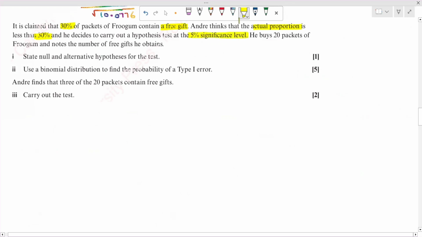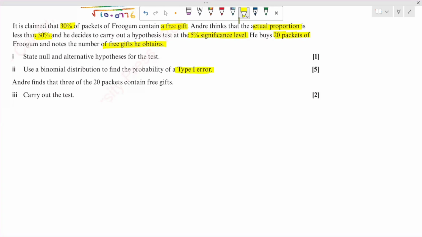Alpha is 5%. He buys 20 packets of Frugum, means n is equals to 20, and notes the number of free gifts obtained. So state the null and alternate hypothesis, and use a binomial distribution to find the probability of a Type 1 error.